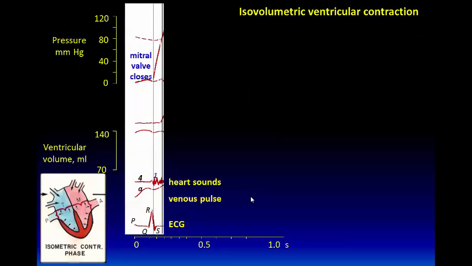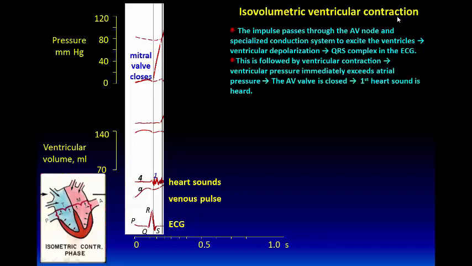Now, ventricular systole is going to begin, and the first phase of ventricular systole is what we call the isometric or the isovolumetric ventricular contraction phase.